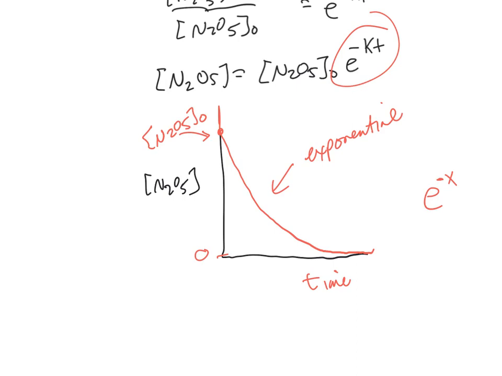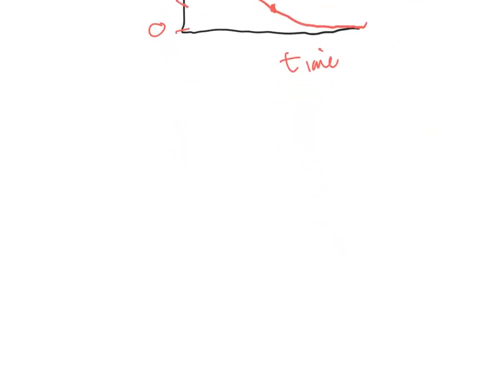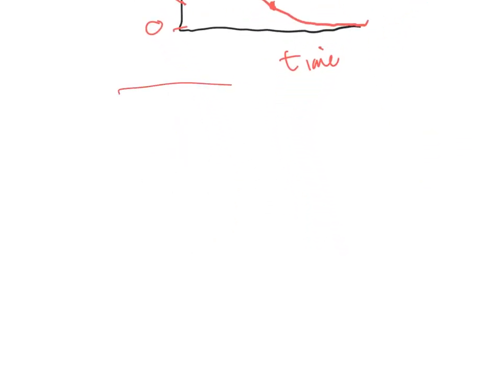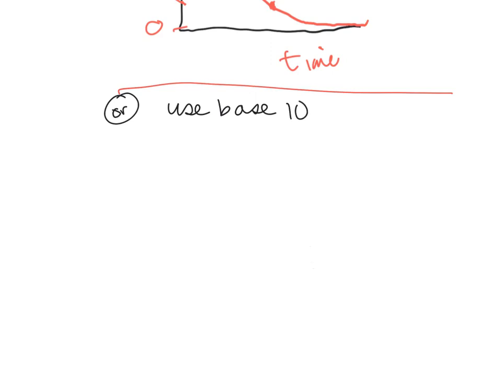It's hard from this form to pick a certain time and figure out what the value of N2O5 is. If you have it in the logarithm form, it's much easier to do that. So moving towards that concept, you can use base 10 instead of base e.